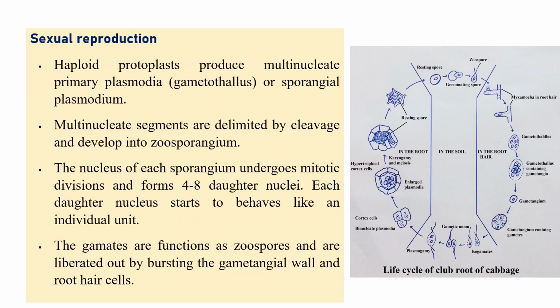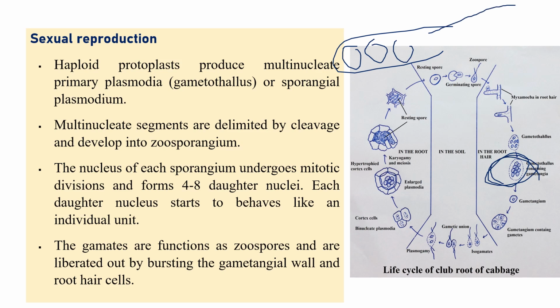In the sexual reproduction, what will happen? That plasmodium contains 4 to 8 compartments, or 4 to 8 cells will be formed in a zoosporangium. You can see here, this is a zoosporangium. All these things happen in the root region, the root cortex region. So these 4 to 8 nuclei, the daughter cells, are formed.